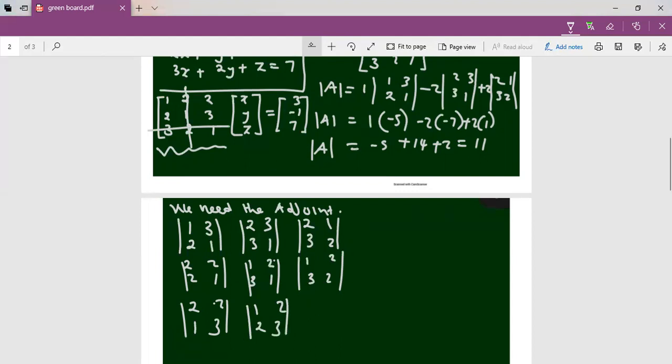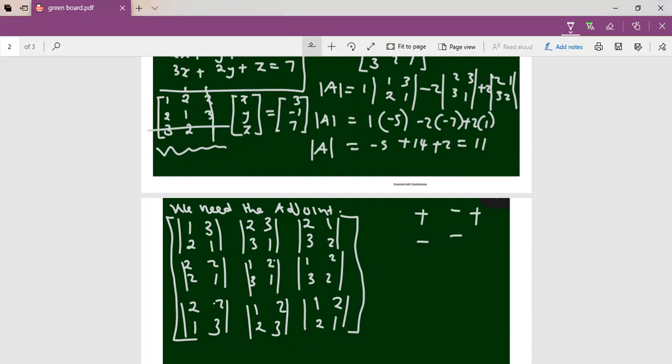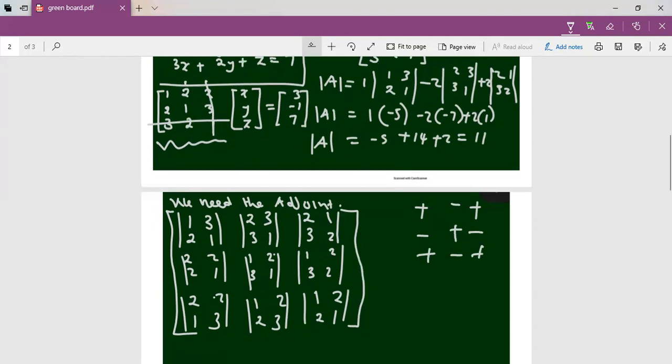Then finally, the last one is this. I've got 1, 1, 1, 2, sorry, and 2, 1. So this is one matrix. The aim is we need to find the matrix of the cofactors. When we are done calculating, we need to put this plus, minus, plus, minus, plus, minus, plus, minus, plus. All right, let's see how we're going to do it.